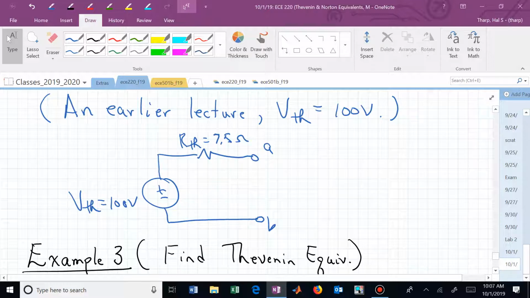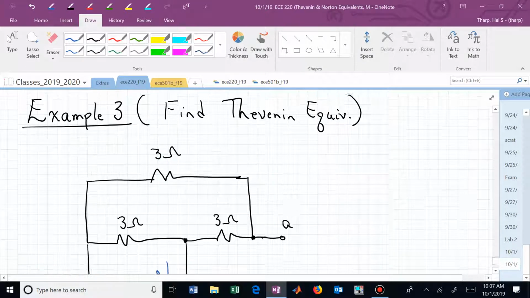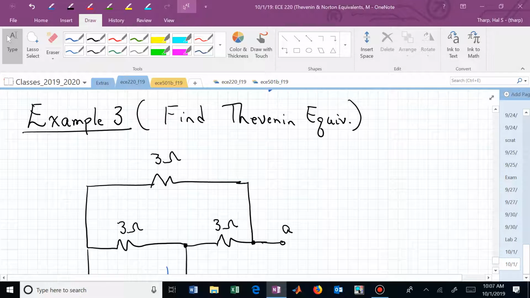Do you want me to go through what would have happened if I did a 1 amp source? No? Okay. Me neither. So let's go on. But you could do that tonight and find out if your R Thevenin is the same.